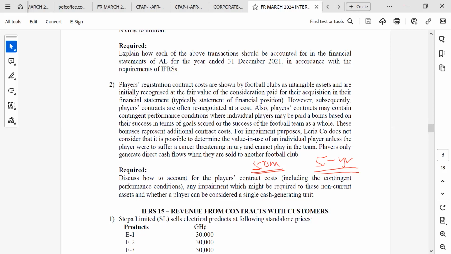You see that we are going to be paying agent fee too. The agent fee will also be added to this particular one. So maybe agent fee is 5 million. Before Haaland can start playing in England, we have to register him with the English FA, so we are going to be incurring a registration cost of 3 million.